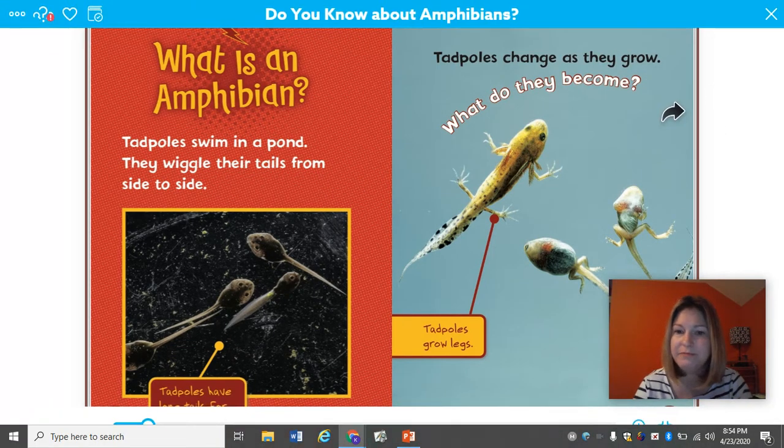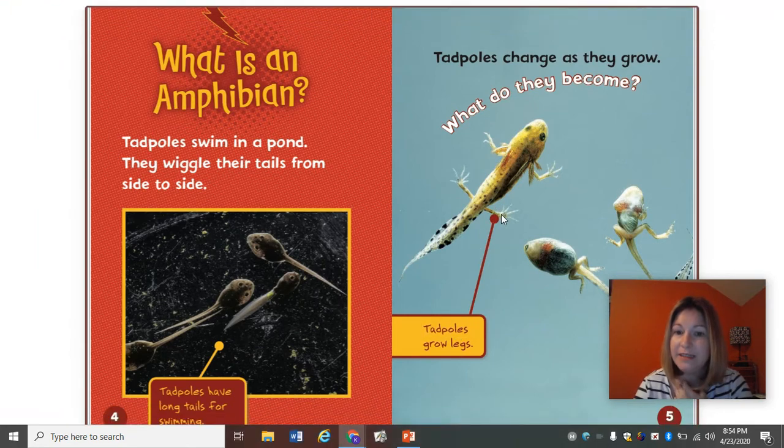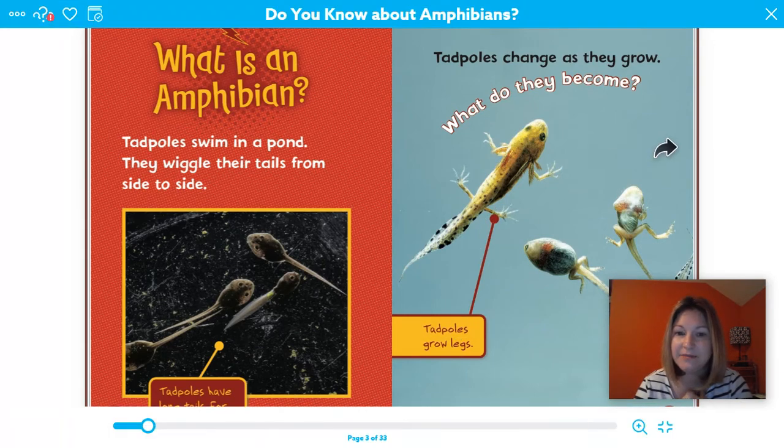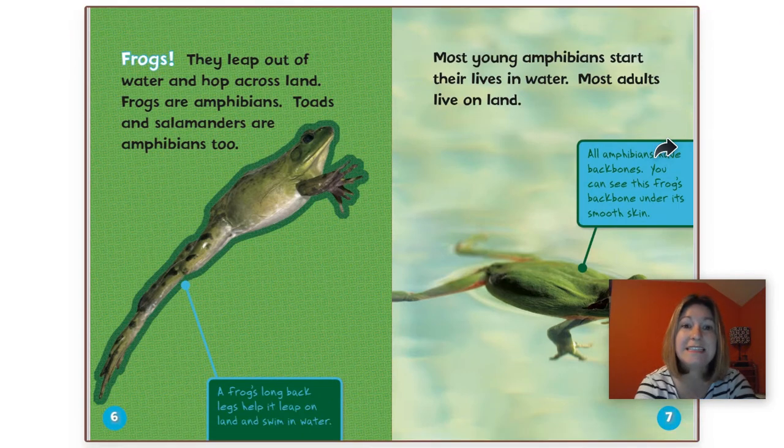What do they become? And then here it says tadpoles grow legs. That's a caption for the picture. And it's even labeling. It's showing us the leg. Frogs. They hop out of water and hop across land. Frogs are amphibians. Toads and salamanders are amphibians too. A frog's long back legs help it leap on land and swim in water.